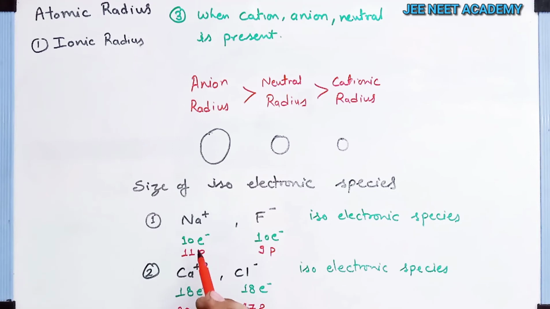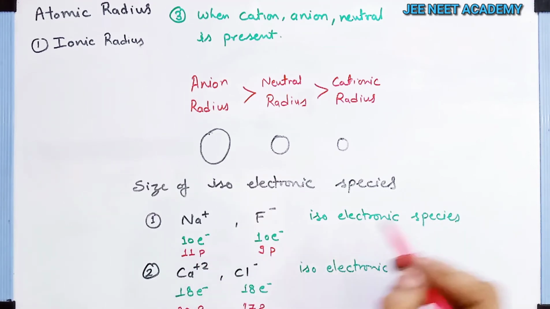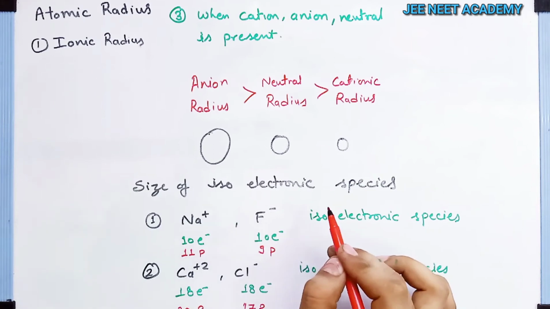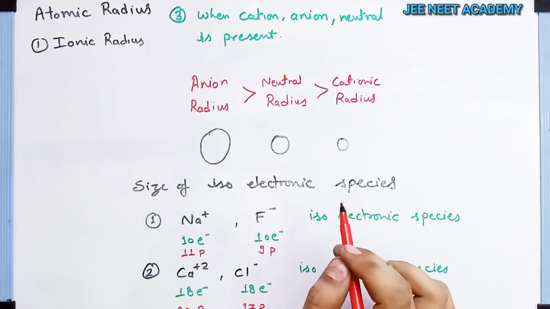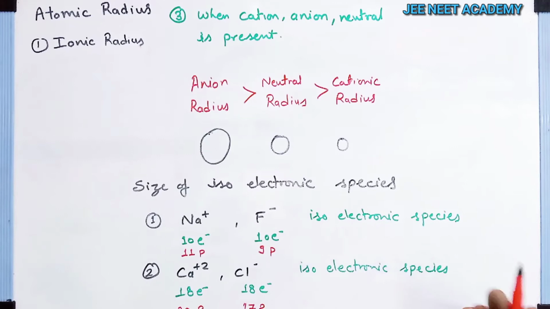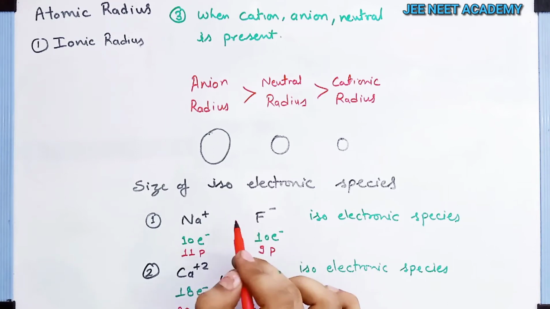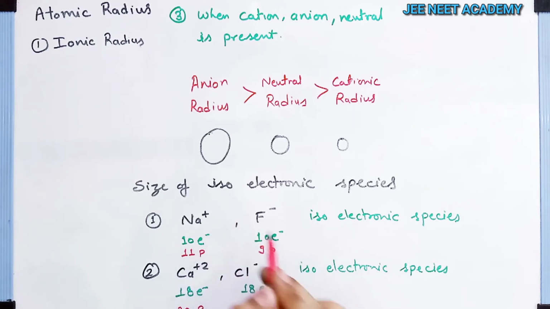So in isoelectronic species, where the protons are more, the size will be less. So the size will be less because more protons are in Na plus.